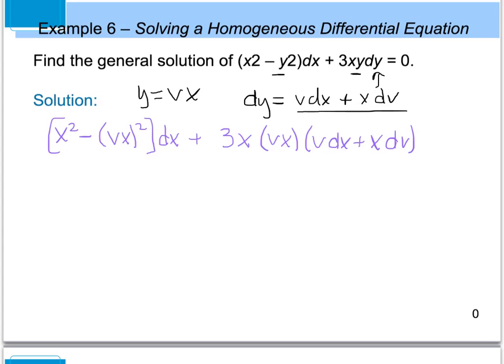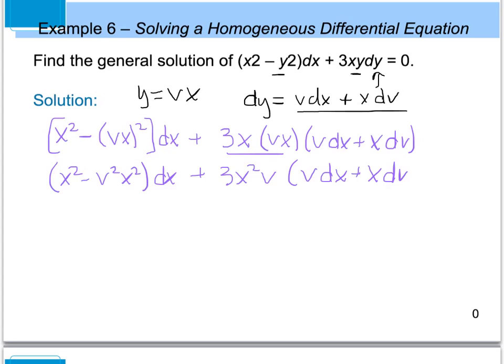Let's go ahead and simplify. For our dx term, we have x squared minus v squared x squared times dx, plus this here is going to become 3x squared v times v dx plus x dv.